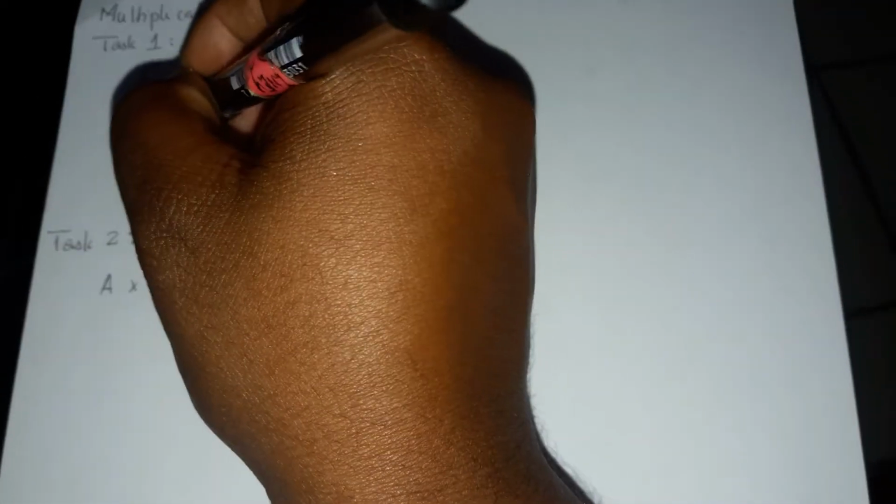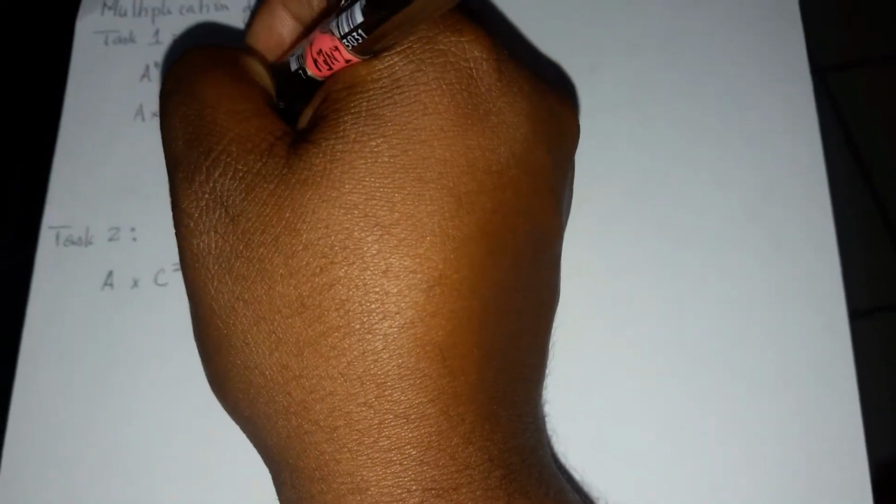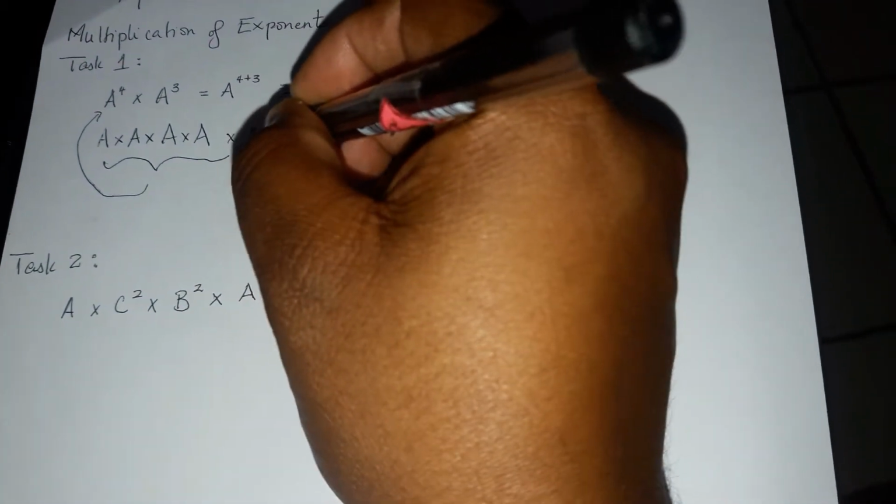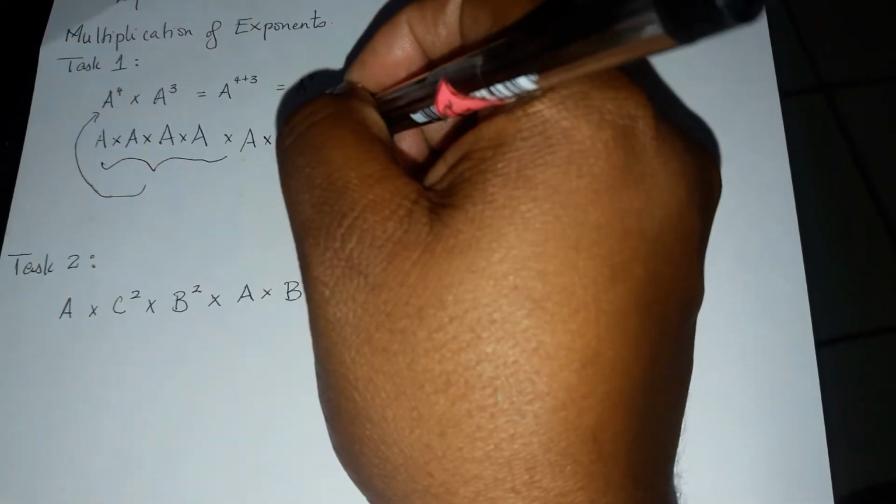So here's why. If you have A to the 4th, it means that you have 4 A's. So this corresponds to that. And remember, you're multiplying A to the 3rd now, so you're adding 3 more A's.